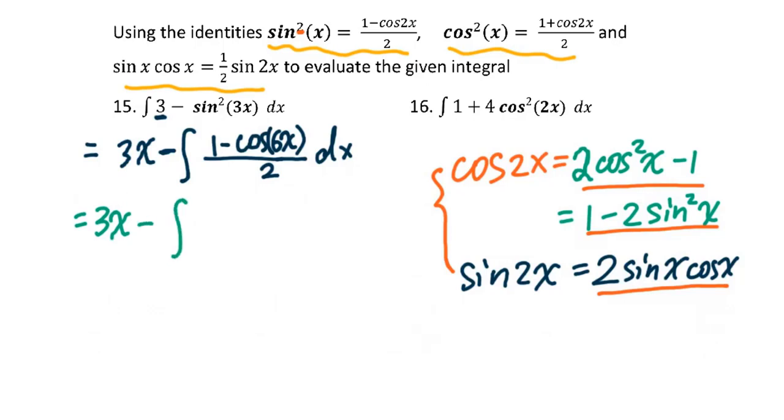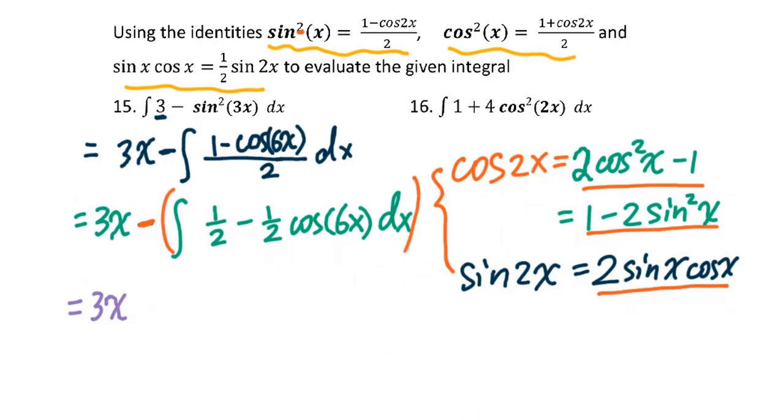We will separate this. You will get 1/2 minus 1/2 cosine 6x dx. So that you will get the 3x. This is a minus, so here is a parenthesis, don't forget. Then you get the minus 1/2 x. Negative negative will be plus 1/2.